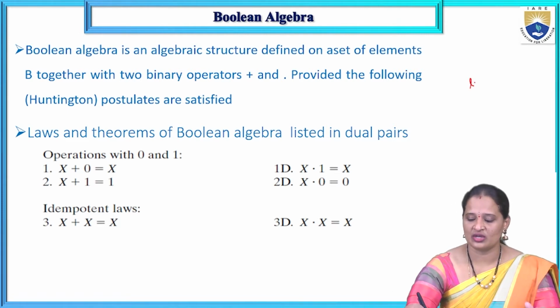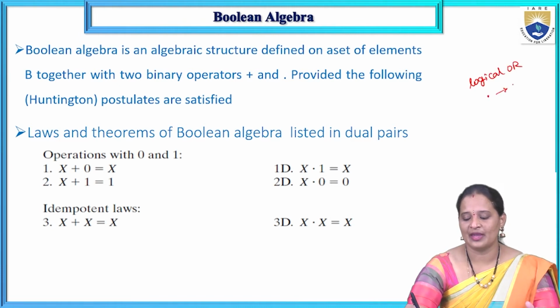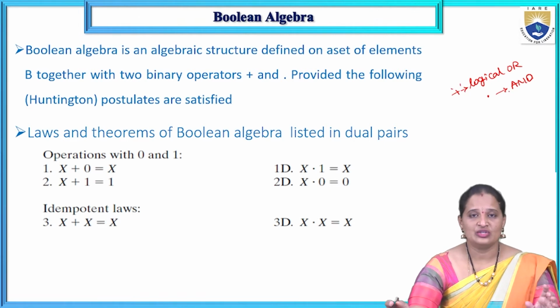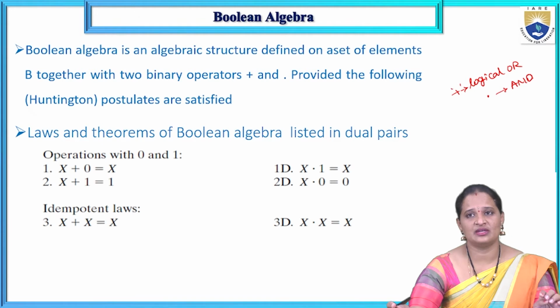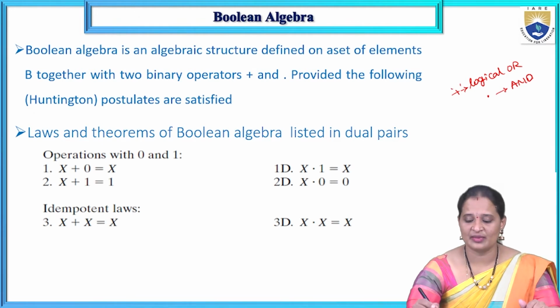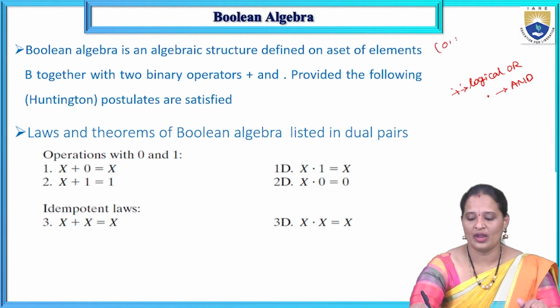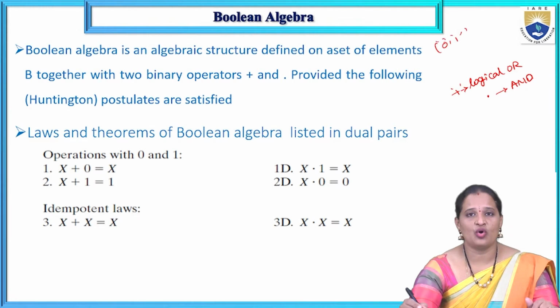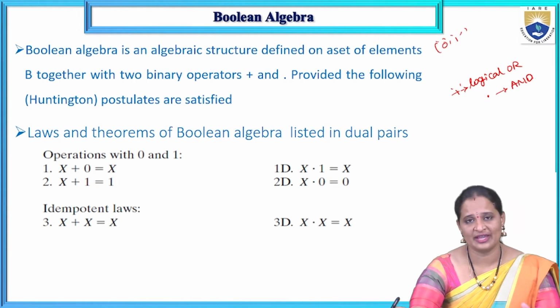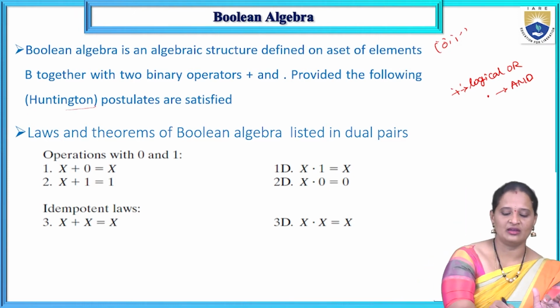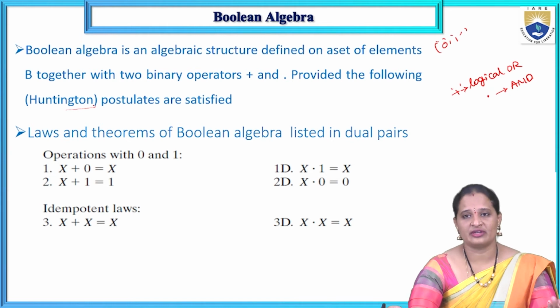Plus indicates the logical OR and dot indicates the logical AND. Boolean algebra deals with the elements 0 and 1 and the two operators plus and dot, provided the postulates defined by Huntington are satisfied.